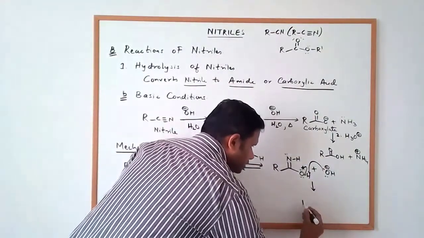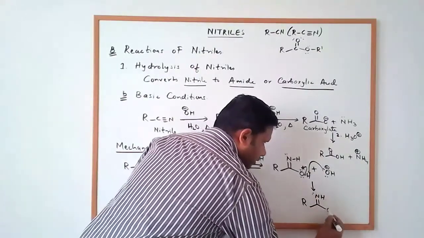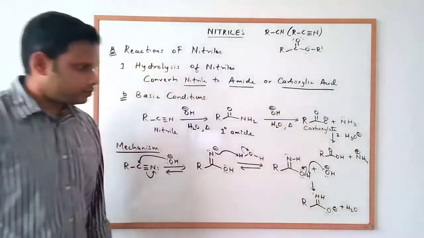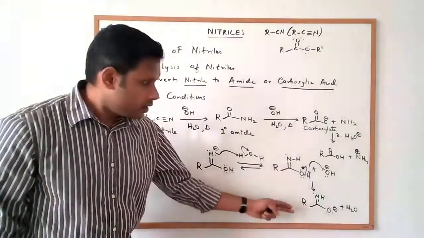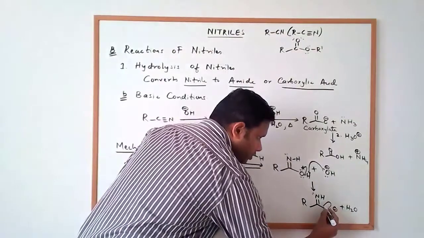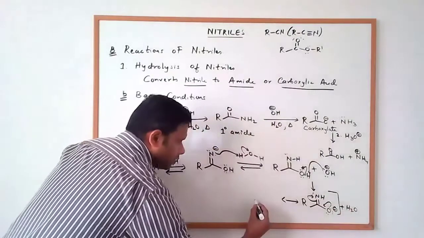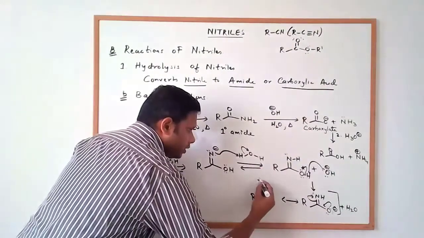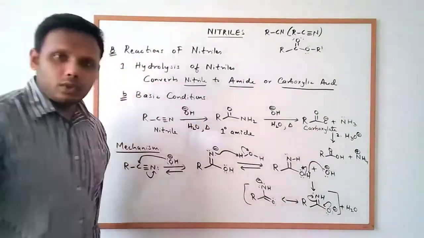So this is going to bring us to R-C double bond N-H, one lone pair, oxygen with a negative charge, plus water. We get the water back, and we've gotten what is actually the conjugate base of an amide. It doesn't look like the conjugate base of an amide, but once you do resonance on this species, we will get R-C single bond N-H with a negative charge, and double bond O with two lone pairs on it.